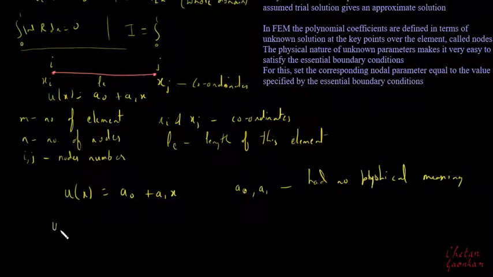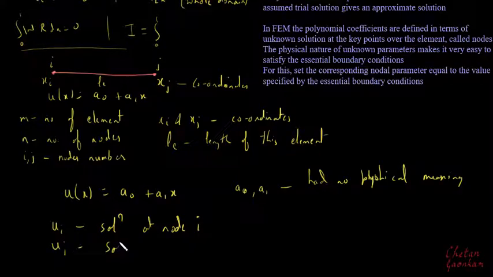So in finite element method, we replace these mathematical unknown parameters with solutions at the nodes, so that when we obtain the values of these unknown parameters, it will be directly the solution at the nodes of this element.